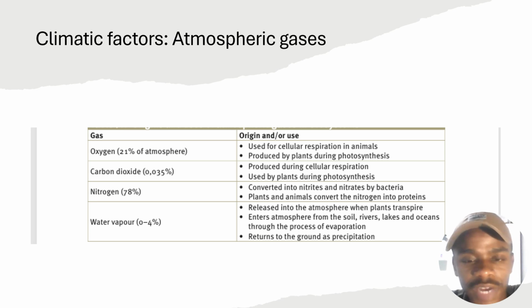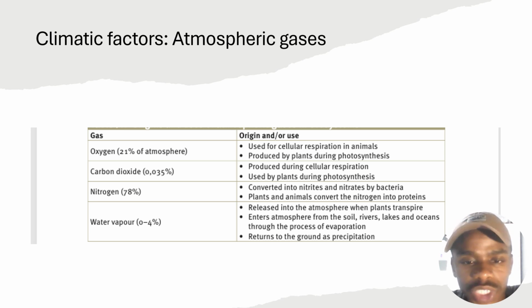Oxygen is used for cellular respiration in animals and is produced by plants during photosynthesis as a byproduct. Carbon dioxide is produced during cellular respiration and is used by plants during photosynthesis.